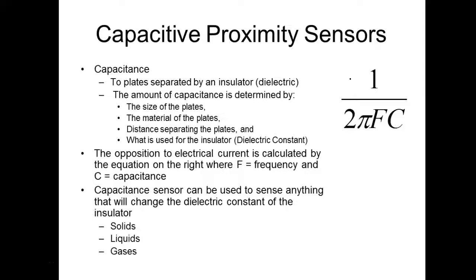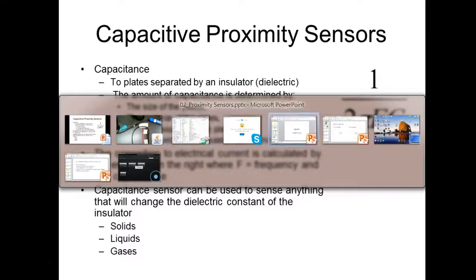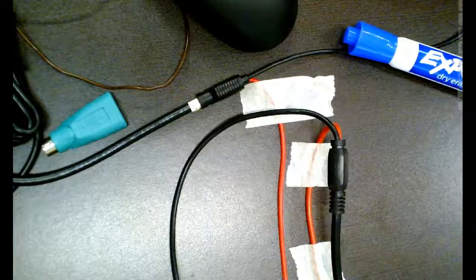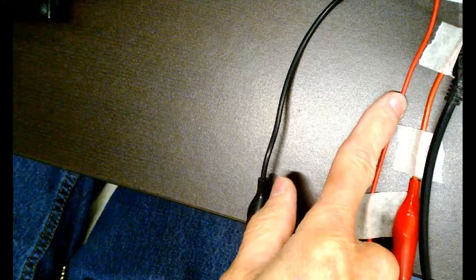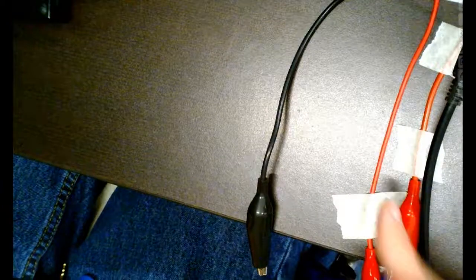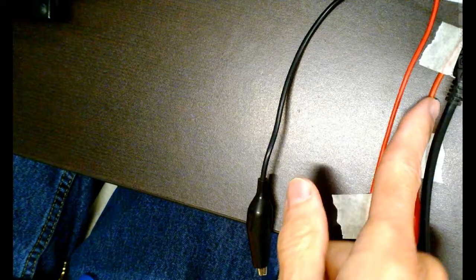So what I did is I've created a capacitor up here. So here's my function generator. It's generating an AC sine wave. Here it is right here. And then it's coming down here on one lead. And notice I have it taped down. Here's my oscilloscope that's measuring it. It's taped down right here.